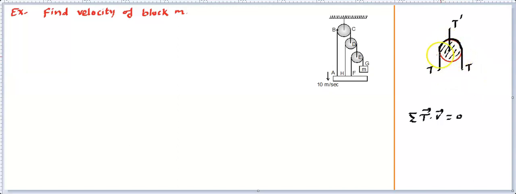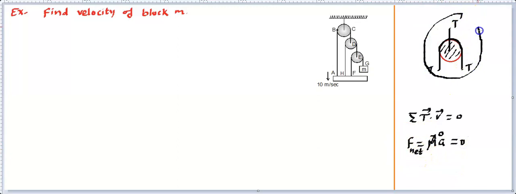Since this is massless, use F equal to ma. If some object is massless, that means mass is 0, so the net force is always going to be 0. In case of a pulley, if you draw this separate picture, the net force must be 0, that means it must be at equilibrium. So the pulley is always at equilibrium, which we need to keep in mind.